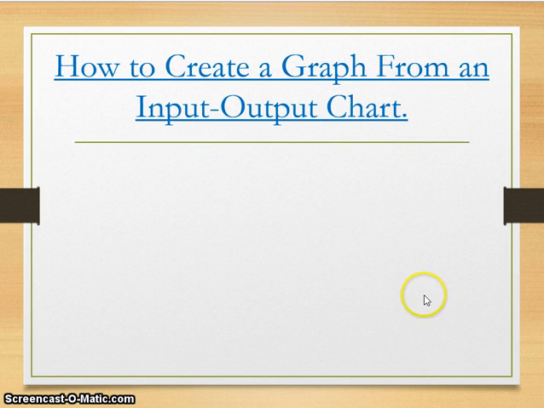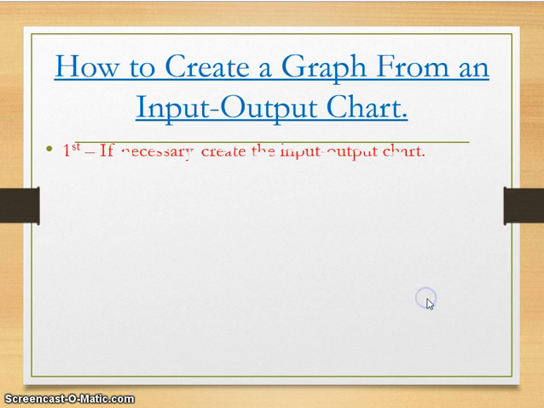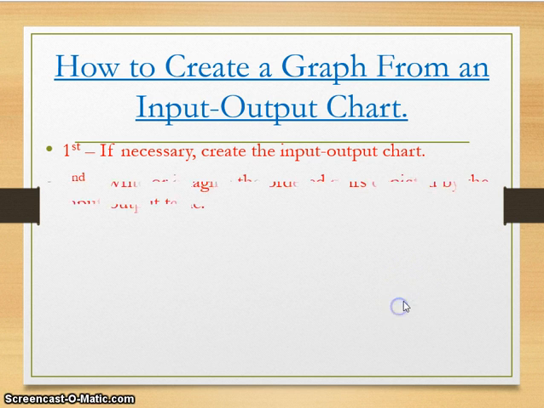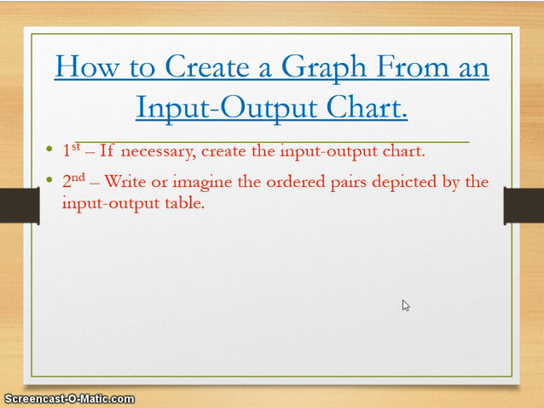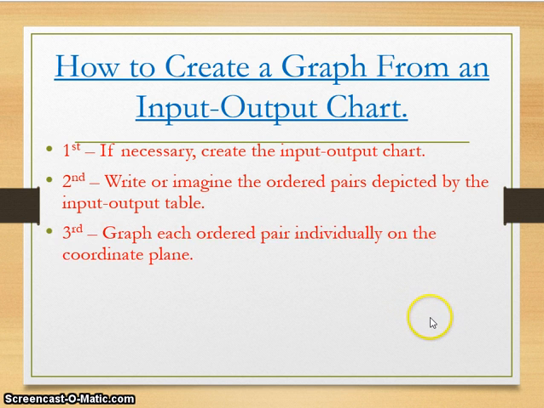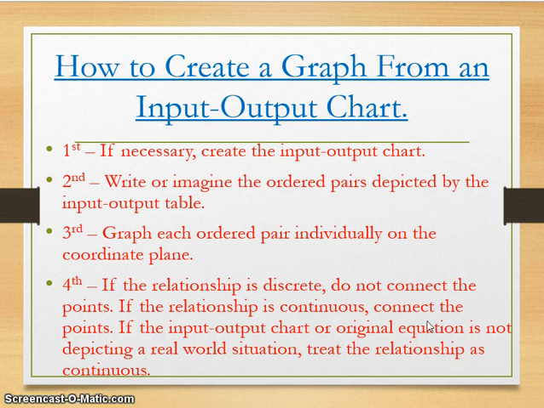So here's how you create a graph from an input-output chart. The first step is, if necessary, create the input-output chart if it's not already given to you. Second, write or imagine the ordered pairs depicted by the input-output table. Third, graph each ordered pair individually on the coordinate plane. And then fourth requires a decision.